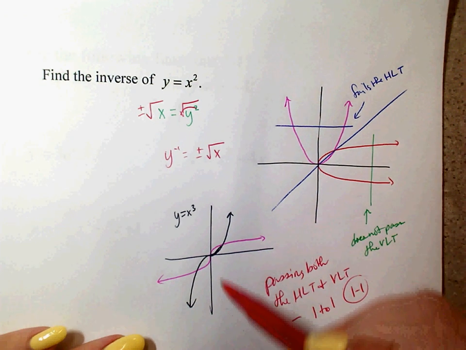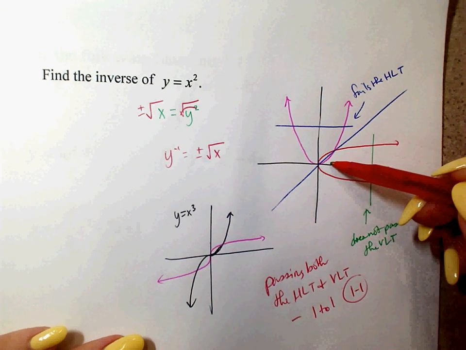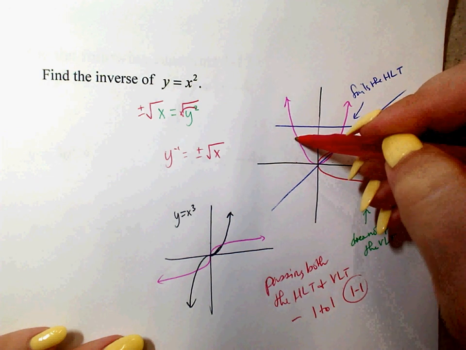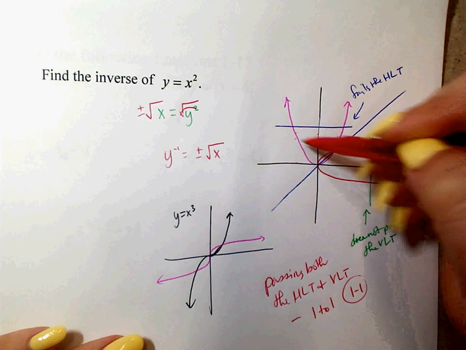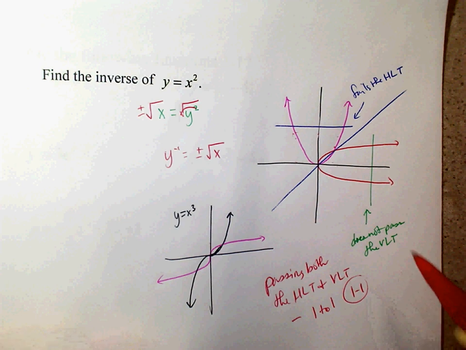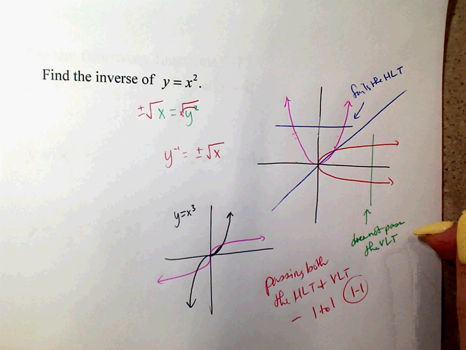This quadratic passes for every x there's a single y, but for every y there's not a single x. There were two different x values that equal that y value. So 1 to 1 functions are the ones whose functions and inverses will both be functions.